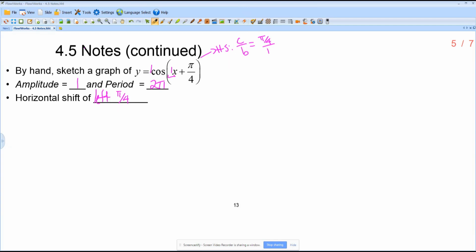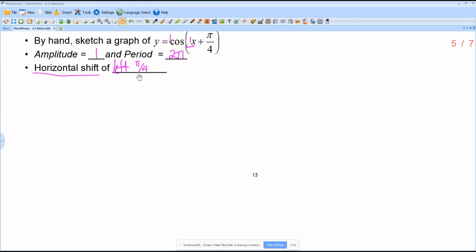Now, pay attention to how I'm going to make this table, because I make it differently only for a horizontal shift, and I stress that, because I make a much larger table. When I make this table only for a horizontal shift, I say here's x and y, and I'm going to start here and say, okay, I'm going from 0 to 2 pi, then I have pi, pi halves, 3 pi halves.